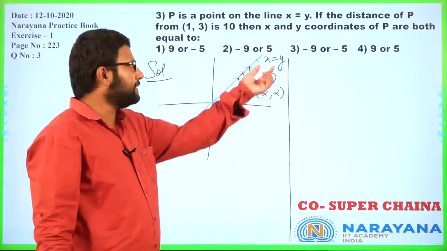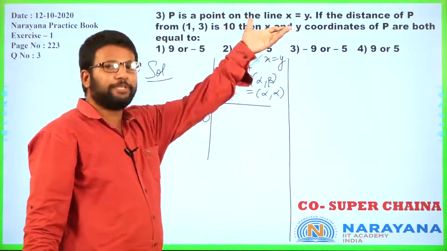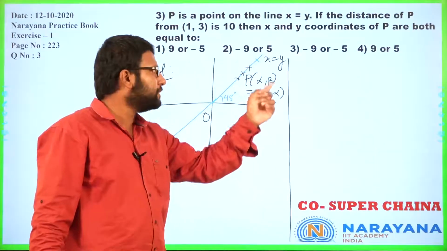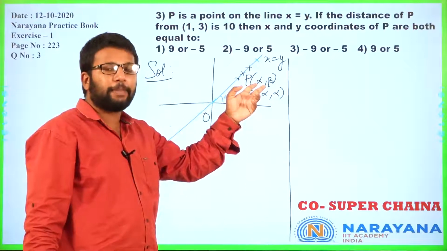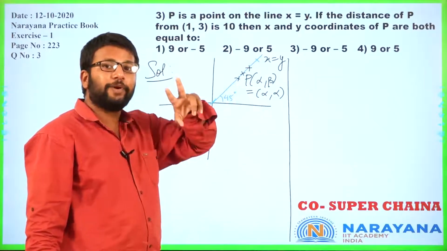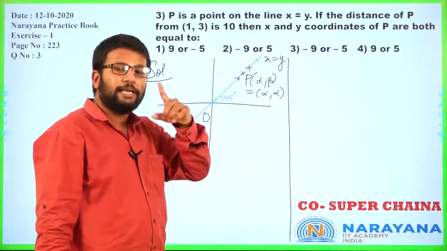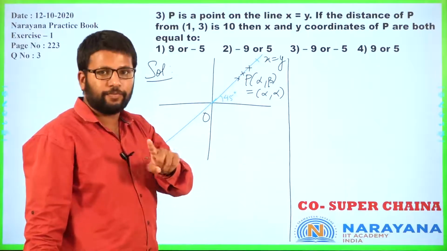Learn to use the properties of the given information in the question in the diagram itself, because it will reduce the number of variables. See, if I just write P alpha comma beta, then I need two equations to solve for two unknowns. But if I write P alpha comma alpha, then I need only one equation to solve for one unknown, right?